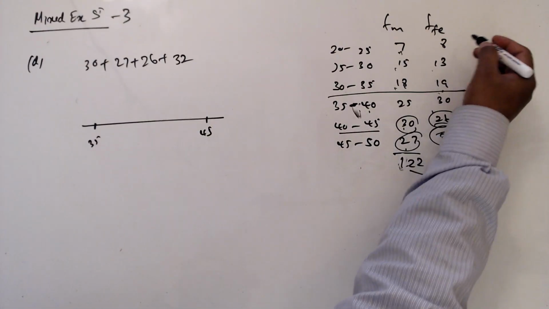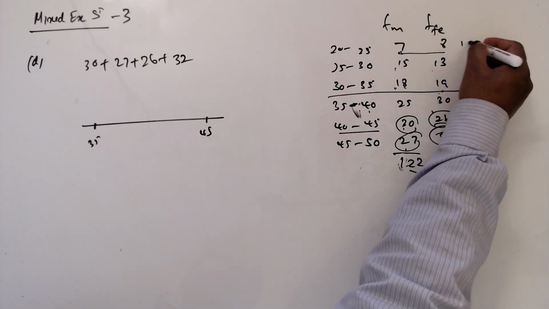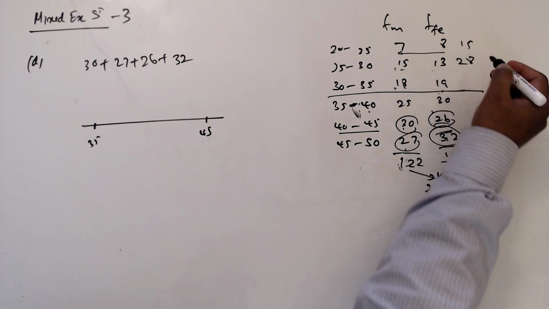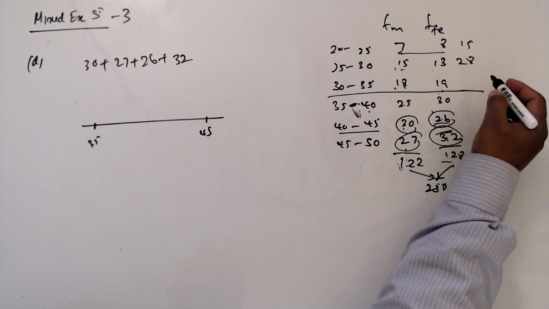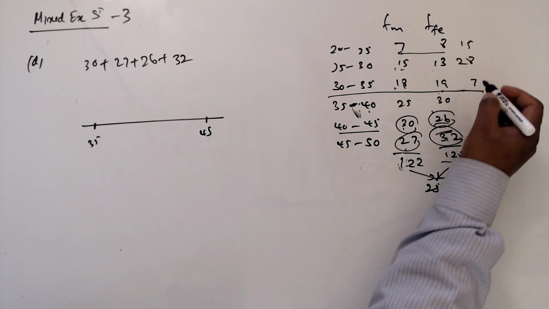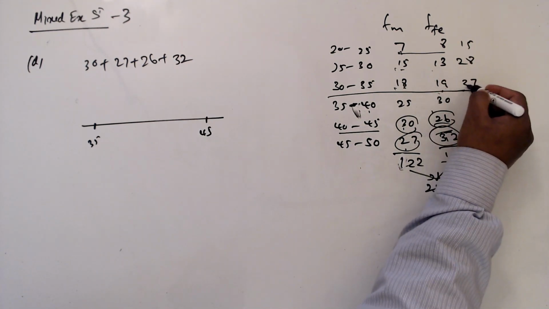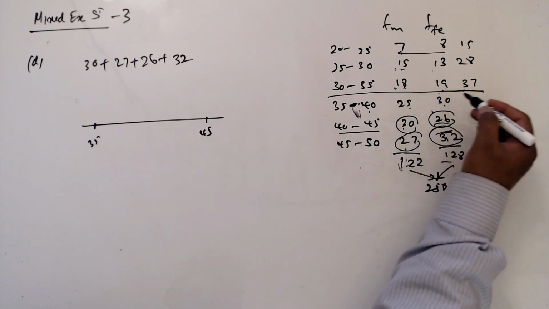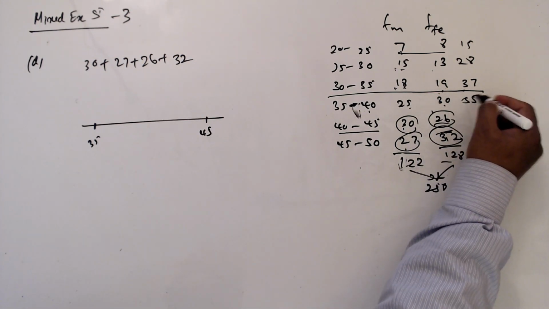So first of all, find the total. So this is 15. This is 28. And this is 7, 37. And this is going to be 25 to 30, 55.